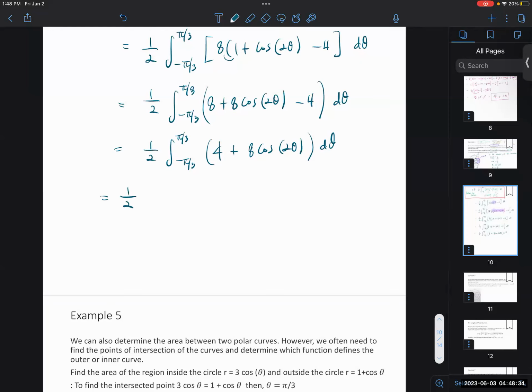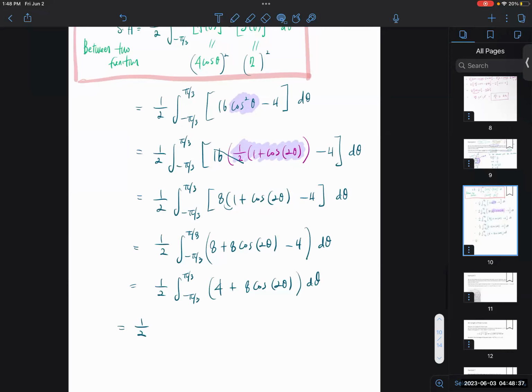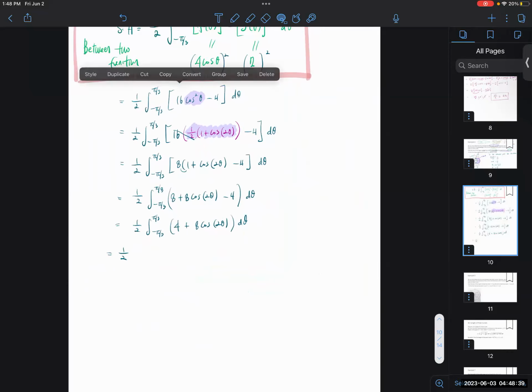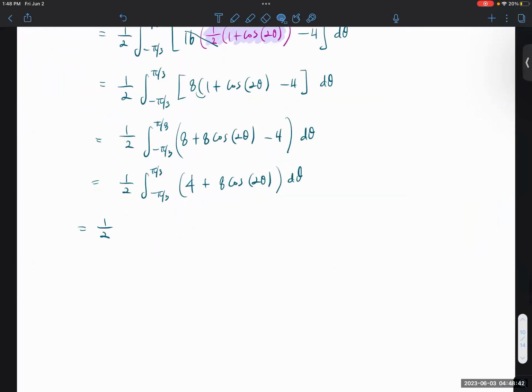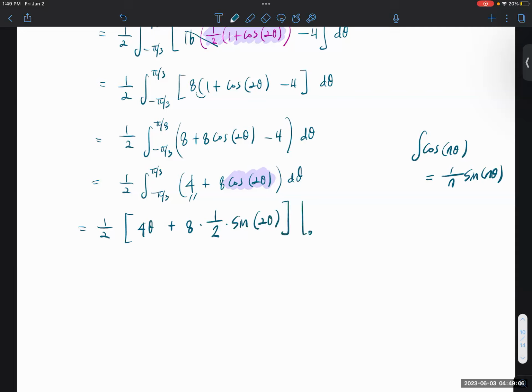So we have 4 theta, and 8 times cosine 2 theta. If you take the integral of cosine 2 theta, we flip the constant, so this becomes 1/2 sine 2 theta. And then from negative pi over 3 to pi over 3.